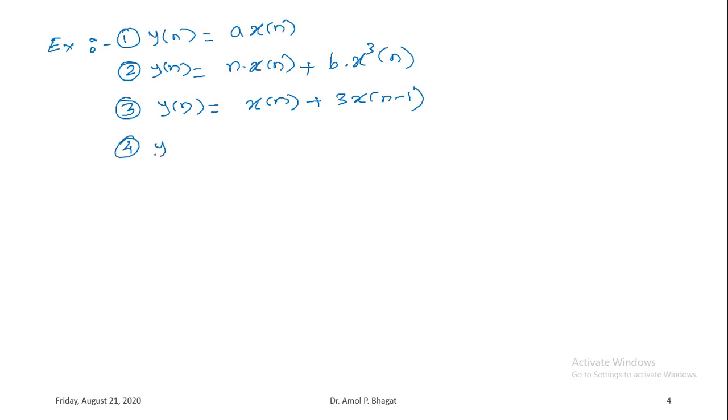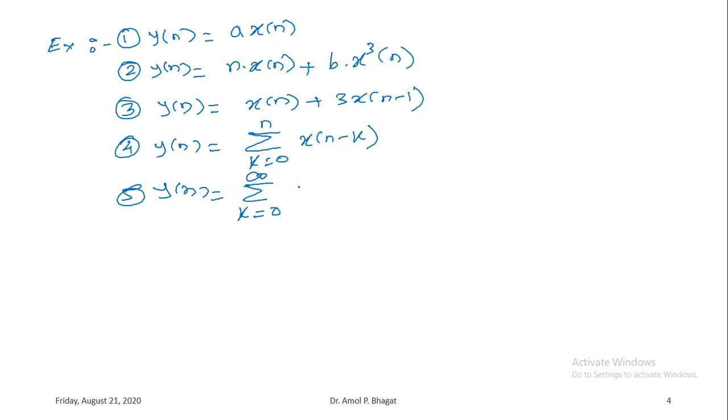The fourth one is y of n equals summation k equals 0 to small m of x of n minus k. The fifth one is y of n equals, for example, summation k equals 0 to infinity, again x of n minus k.